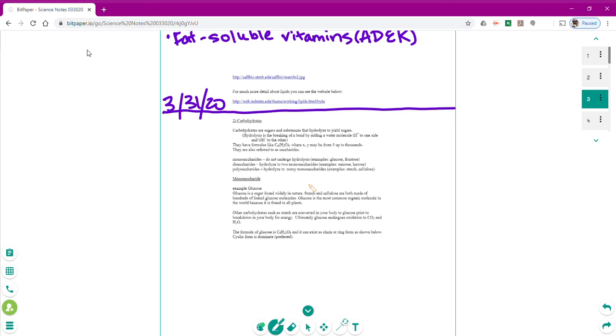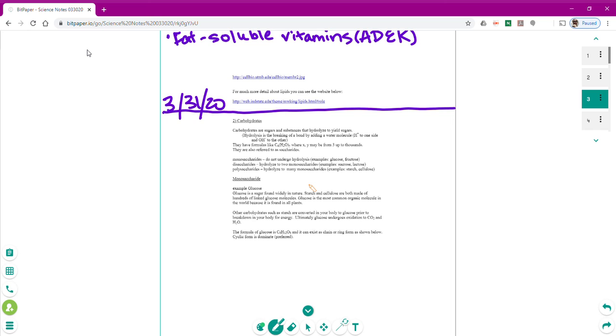Well, if we can't have them dissolve in water because they won't hang around, we won't be able to use them properly, then we've got to figure out a longer term way to store that. And one of the ways that we can do this is by storing it in fat.